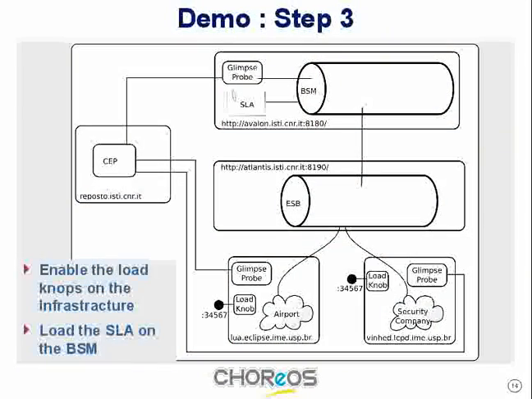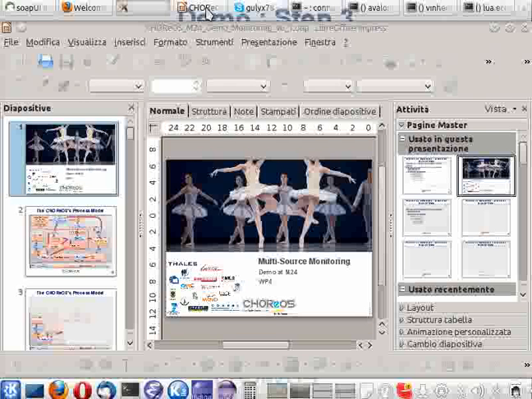Okay, the last step, step 3 of the configuration, is enabling the log knobs of the infrastructure. Those log knobs are a means we use for this demo to overload the infrastructure where the services are deployed. In such a way we can create anomalies at the infrastructure level.